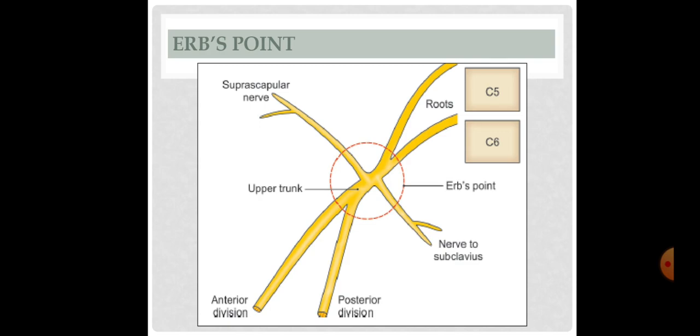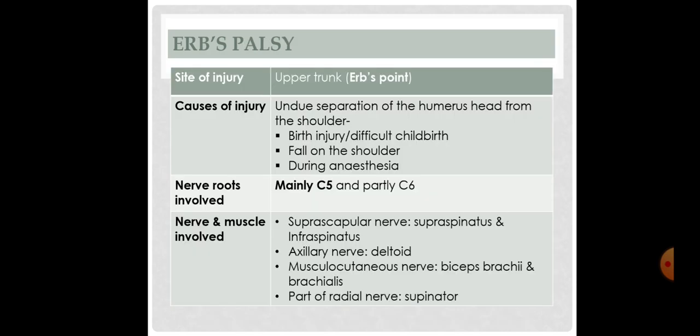In Erb's palsy, the site of injury is the upper trunk, that means Erb's point. How does Erb's palsy occur?